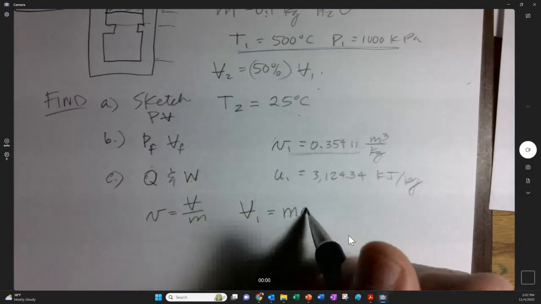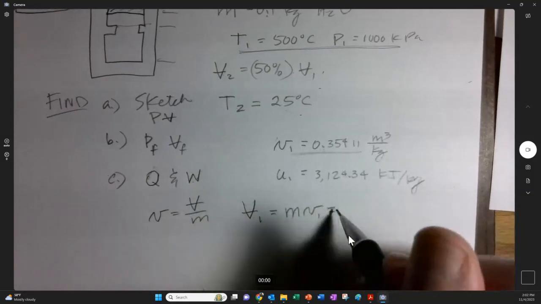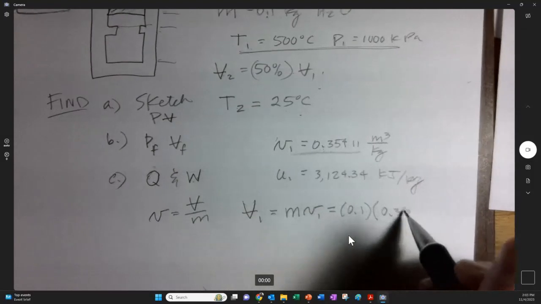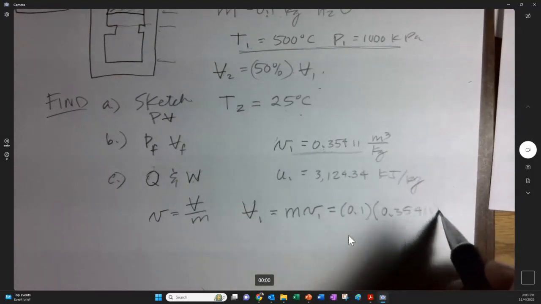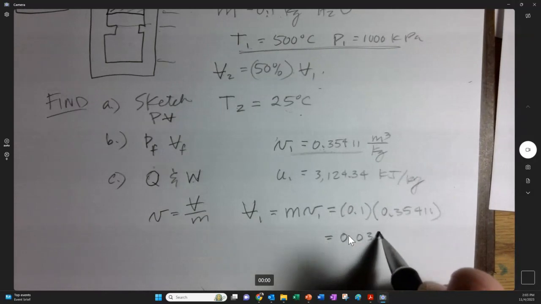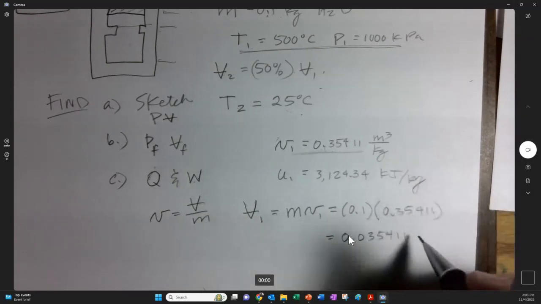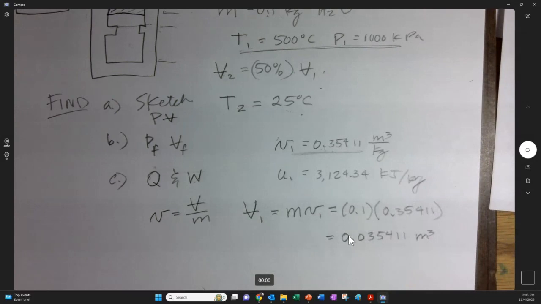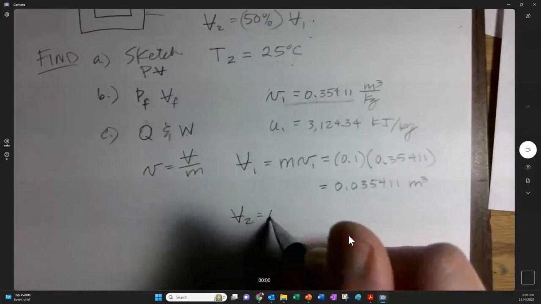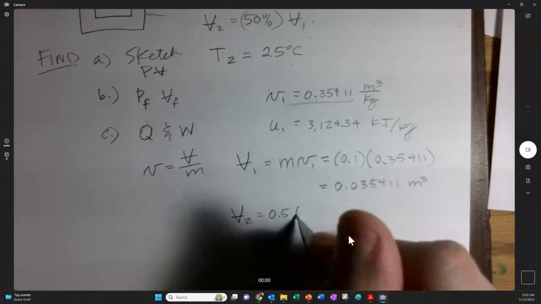So it's just going to be m times v1. So 0.1 times 0.35411. So we know that this is going to be 0.035411 cubic meters. And therefore, V2 is going to be 0.5 times that.